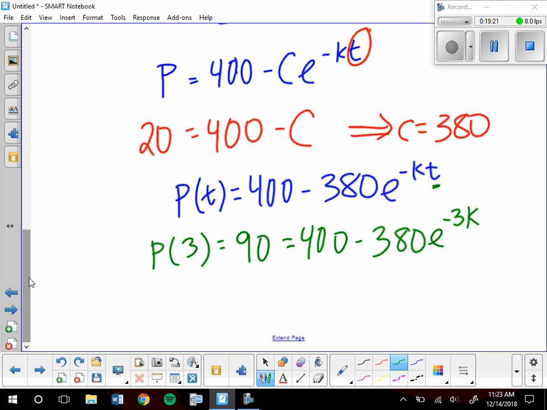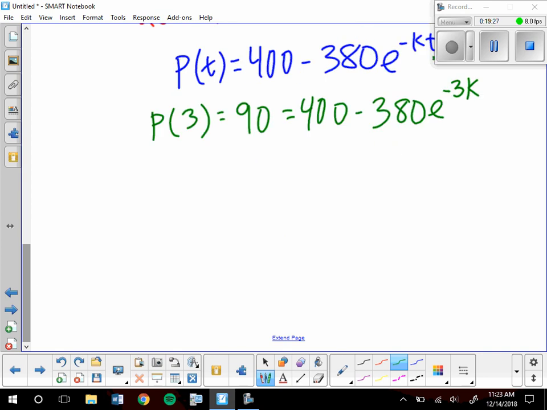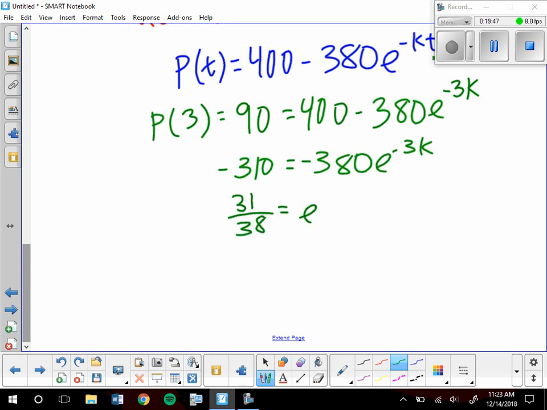And what we can do is solve for k using our techniques for solving exponential equations. So I'm going to subtract 400 and get negative 310 equals negative 380 e to the negative 3k. Then I'm going to divide by negative 380 and get 31 over 38 equals e to the negative 3k.